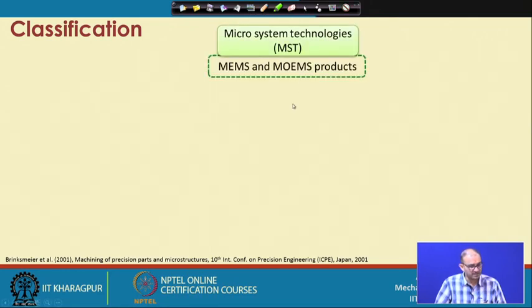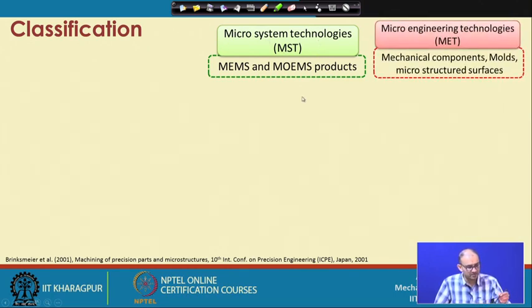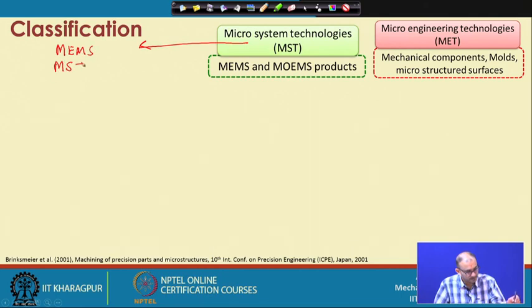Now, the third classification is also more or less related to the MEMS product. So, this is called micro system technology. Micro system technology is also one MEMS part. So, somewhere it is called MEMS, somewhere it is called MST, and somewhere it is called micro machines also.